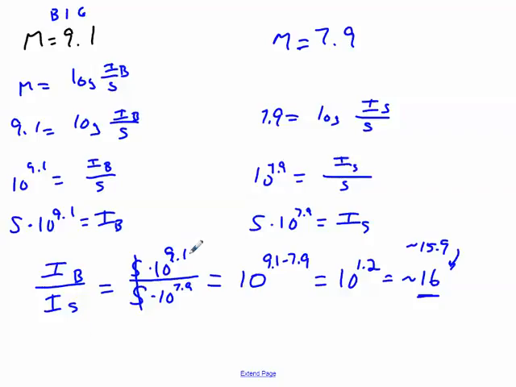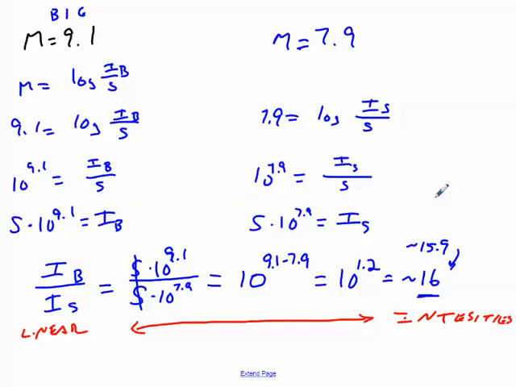If we talk about the linear scale, here's our linear scale of intensities, which is what we've included in our equations up here. If we compare that to the log scale, this would be the Richter scale. The Richter scale is these numbers over here, these magnitudes. 7.9 is on the Richter scale, 9.1 is on the Richter scale, because they are logs of these numbers here.